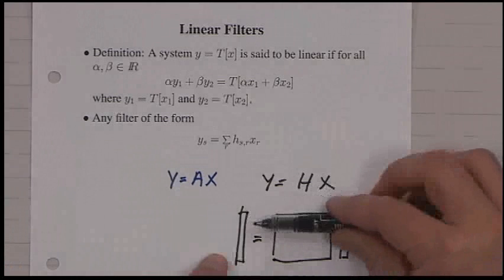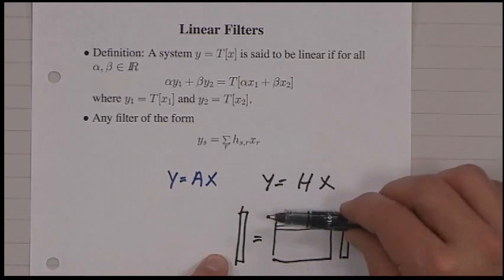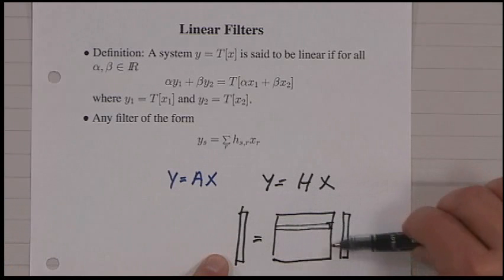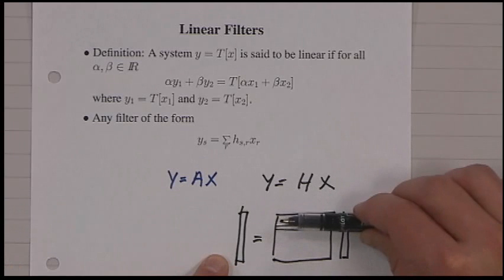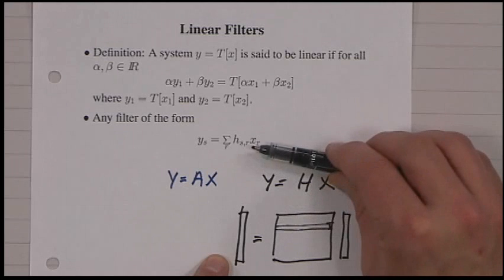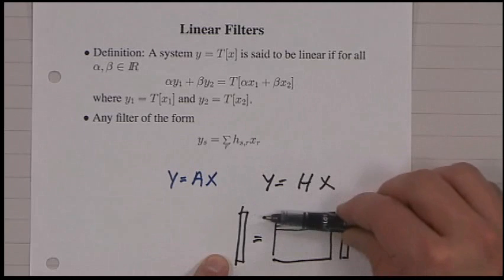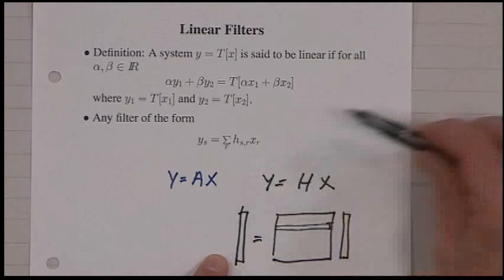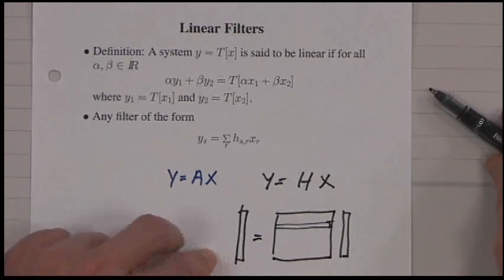If it's a Toeplitz matrix, where the rows shift with position, then that corresponds to a linear space-invariant filter. But if it's not Toeplitz, then the H's are not shift invariant.